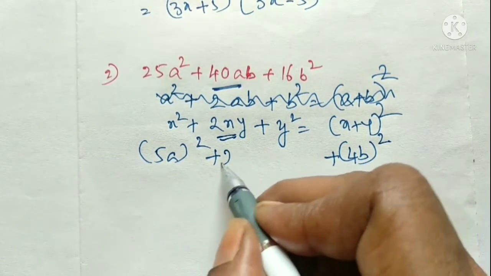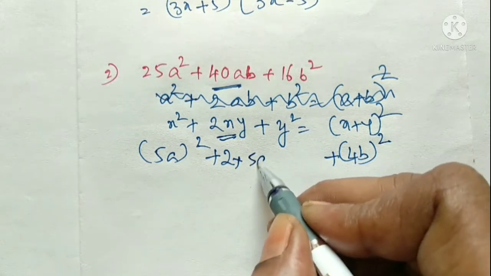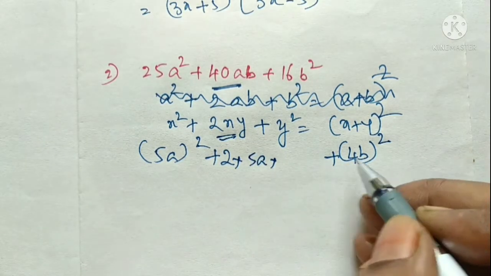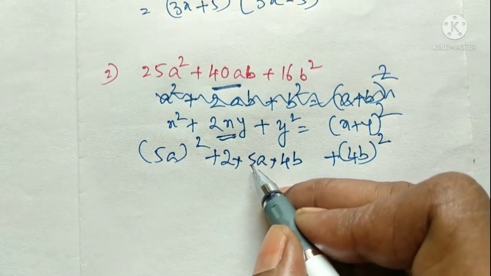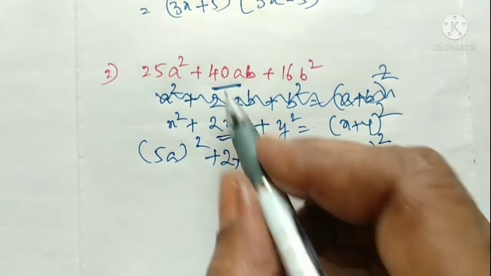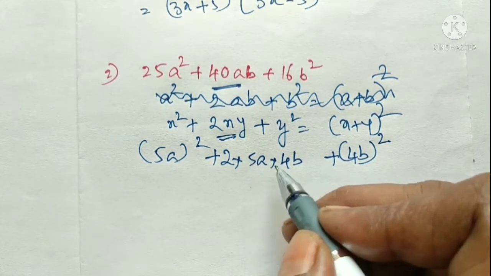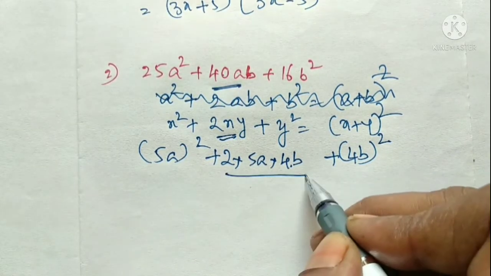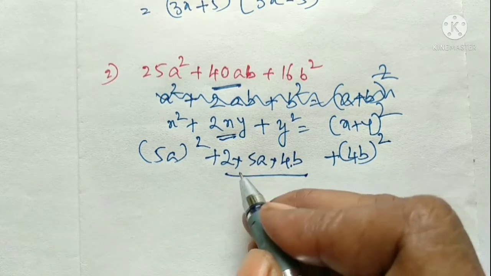Let us see. 2 multiplied by, what is x? x is 5a and what is y? It is 4b. So 2 fives are 10, 10 fours are 40. So we got it. So 40ab is written as 2 into 5a into 4b. To understand easily, we have written in the reverse way.